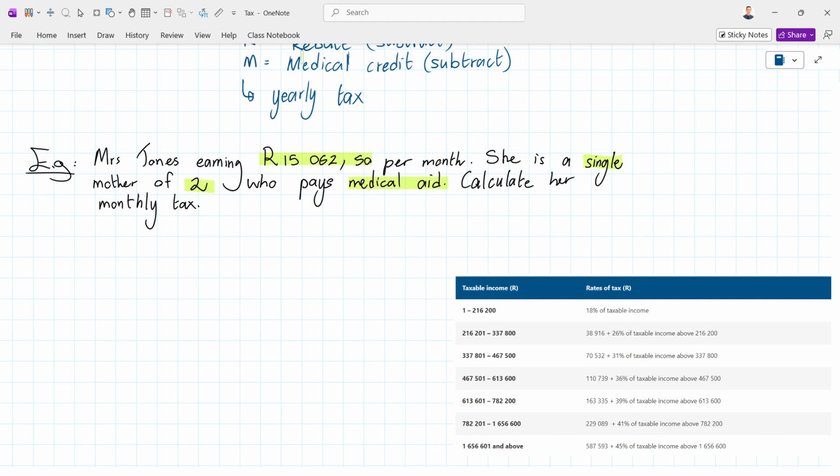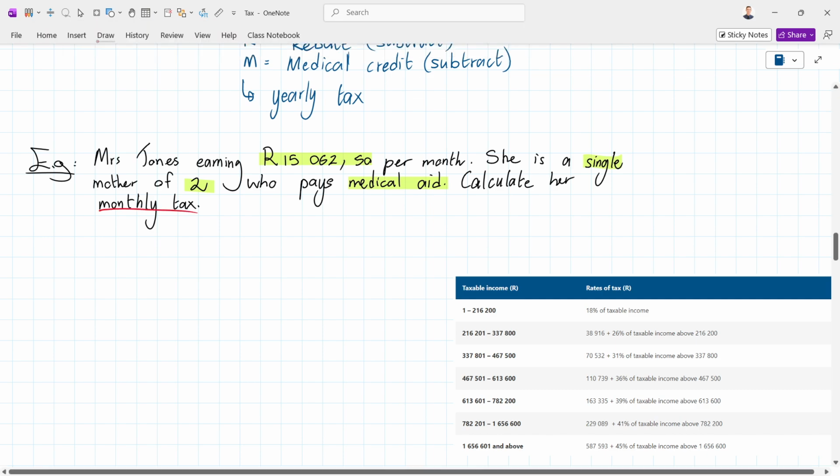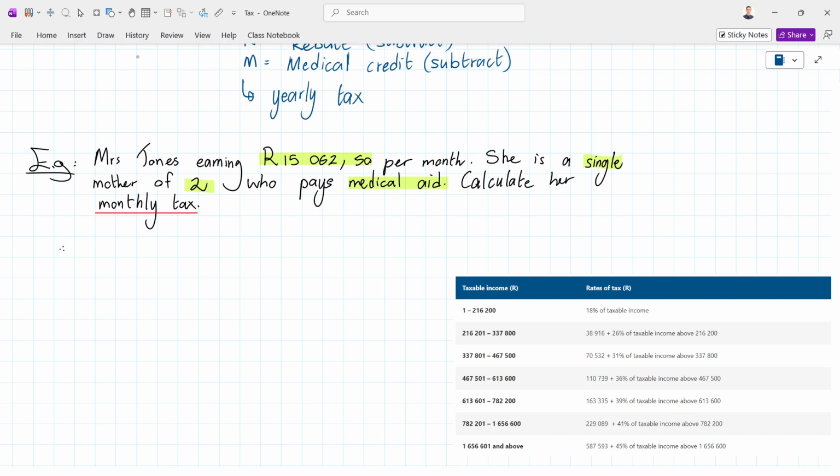And then less important but still important, we want to go down all the way to the monthly tax. So you can't stop here when you've done the yearly tax, you need to get down to the monthly tax. So first thing we need to do is calculate her yearly income. Now remember, they have not specified anything with regards to UIF or pension, so we're going to assume that it does not exist. So let's start there.